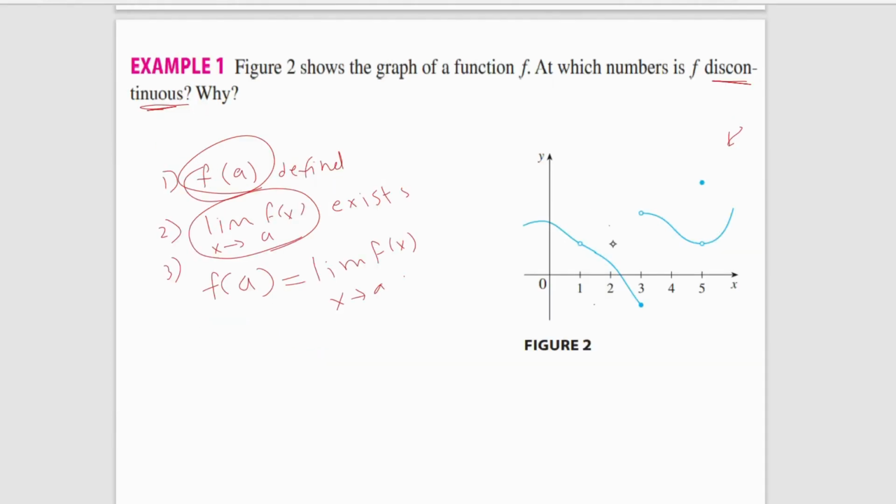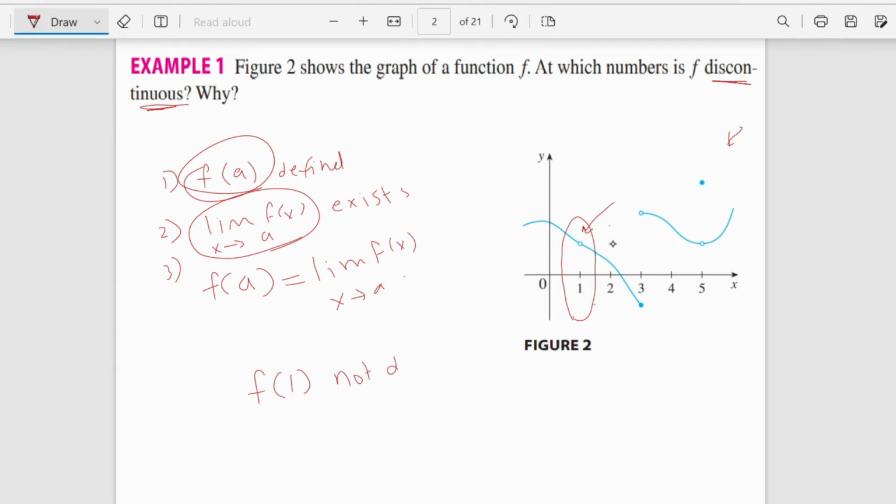So the first one, it's clear that we have a discontinuity here. Why? Because we have a hole. What is the meaning of a hole? The hole means that f of 1 is not defined.